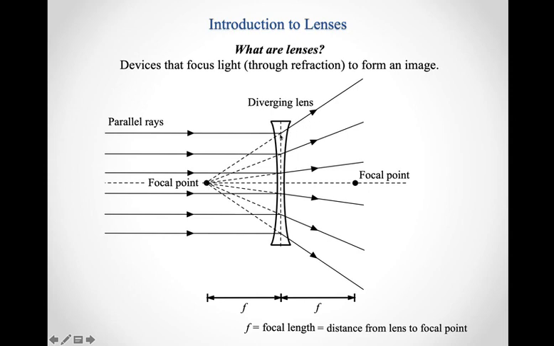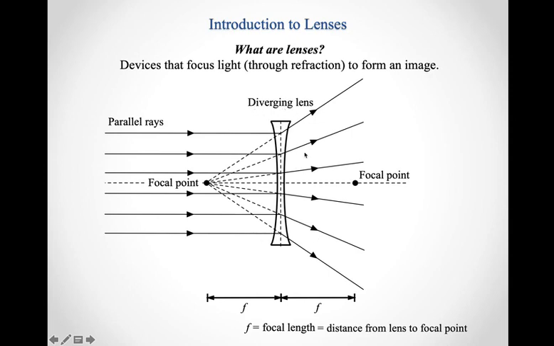So you'll see that each of these rays can be projected back to the focal point on the same side of the lens as the light comes in. And so that means that as the light goes through the lens, if all those rays are being emitted from this same point, then they're going to diverge on the far side.